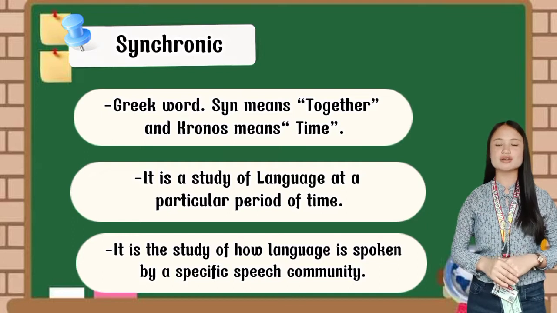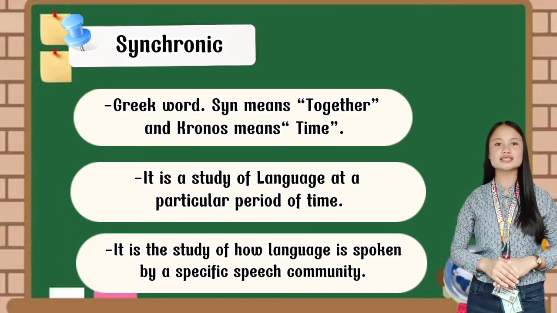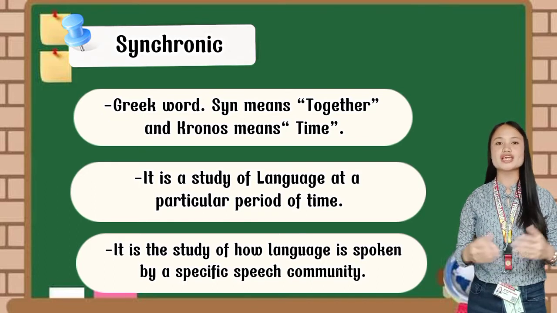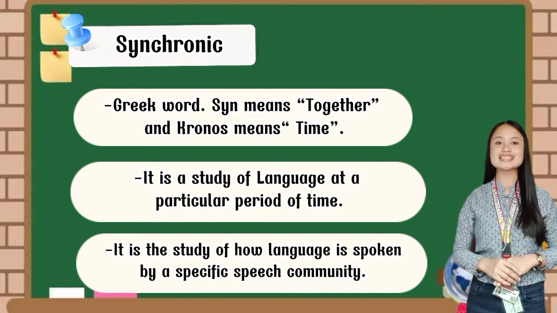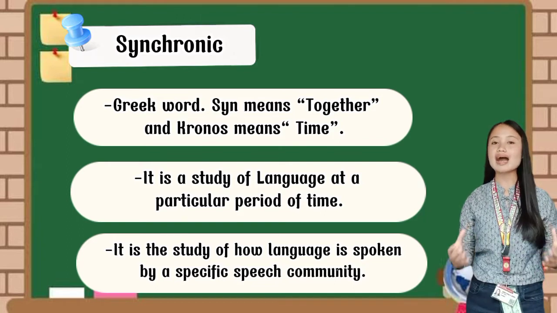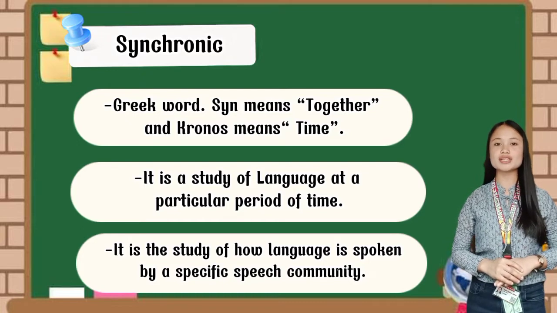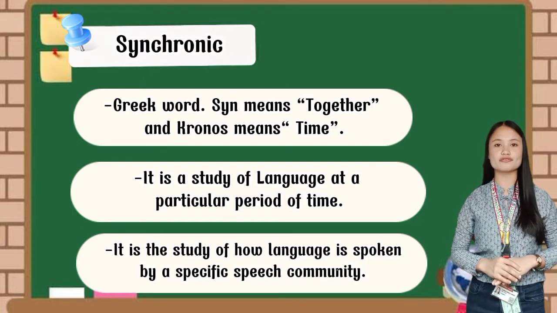It was stated in the module that it is a comparison of language or dialects, various spoken differences of the same language used within some defined spatial region and during the same period of time. In short, it is the study of language at a particular period of time, or the study of how language is spoken by a specific speech community at a particular point of time.